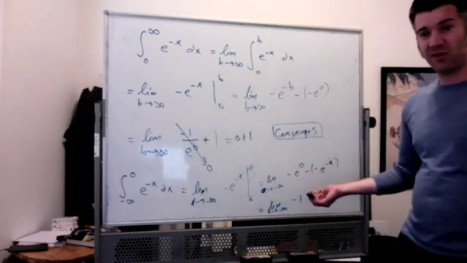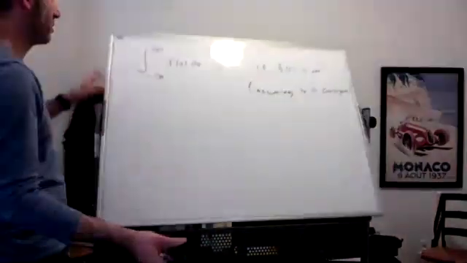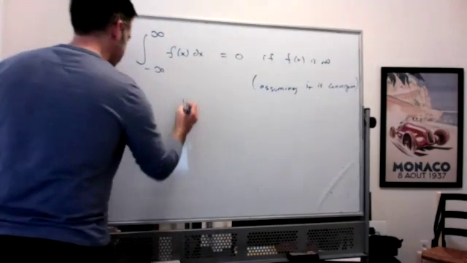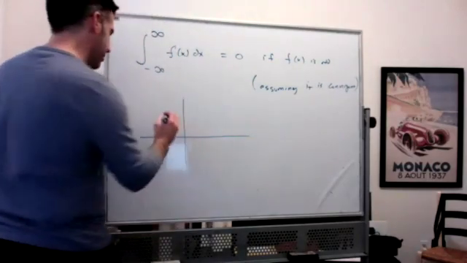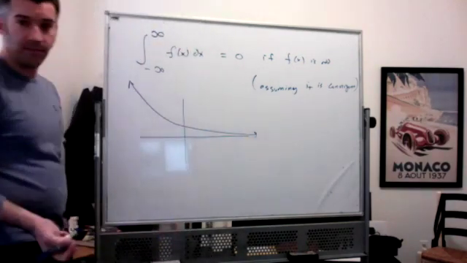So why does one side diverge and one side converge? Well, let's look at the graph. The graph of e to the negative x looks like that.